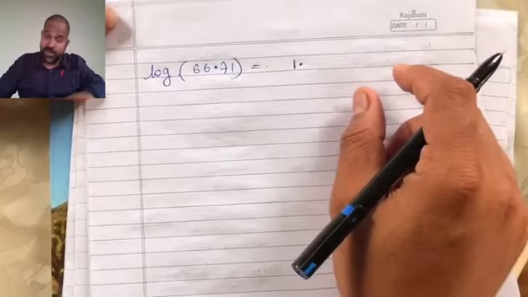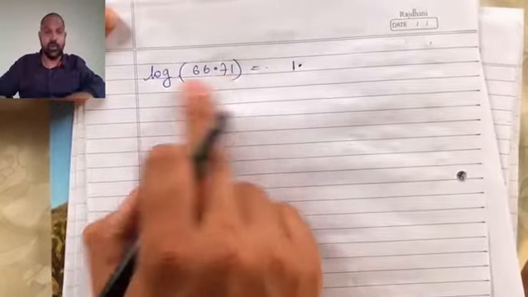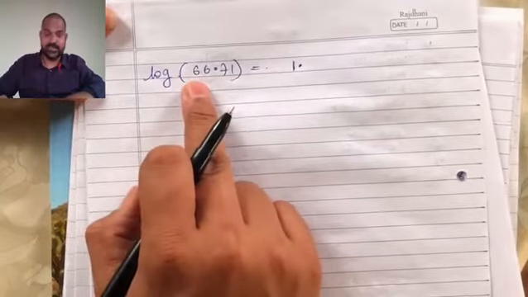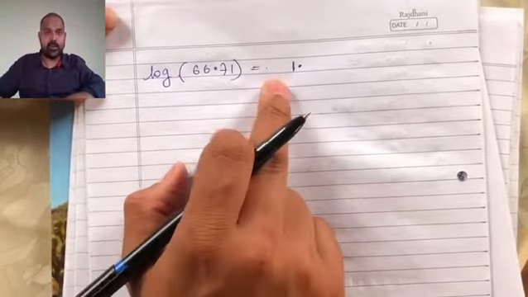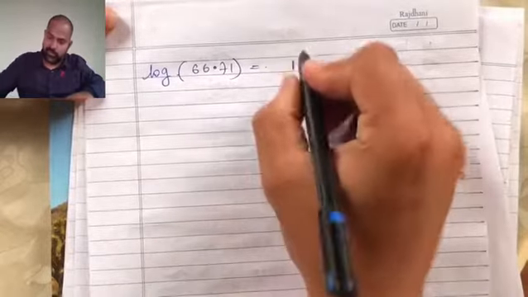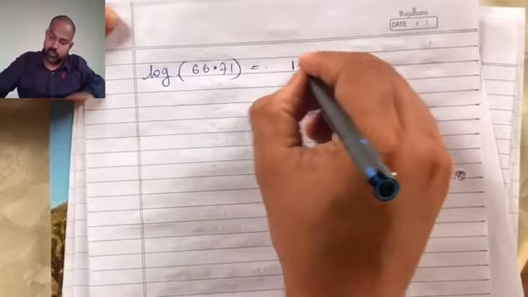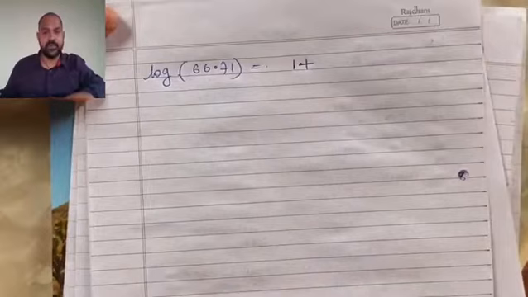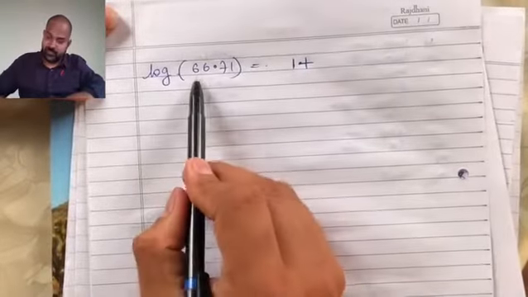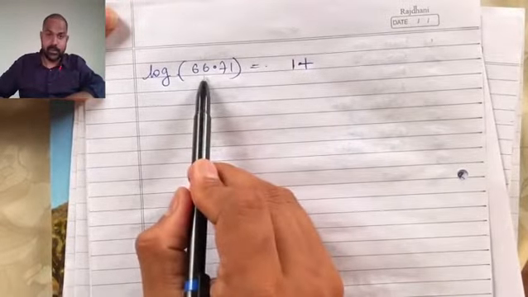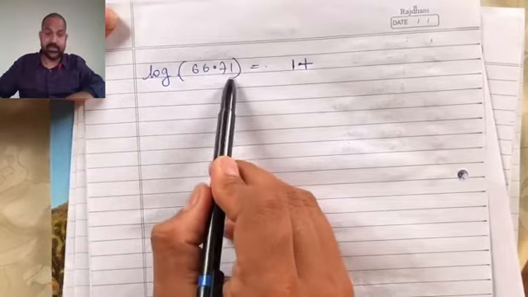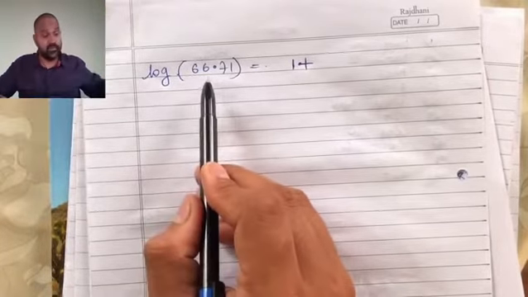Now for the mantissa, you will look at this number without the decimal. What is the number? 6671 without the decimal. So the first 2 places in the first column.